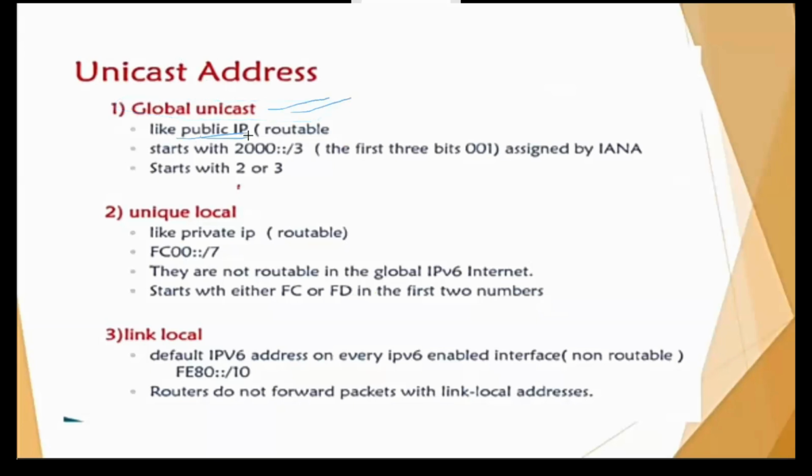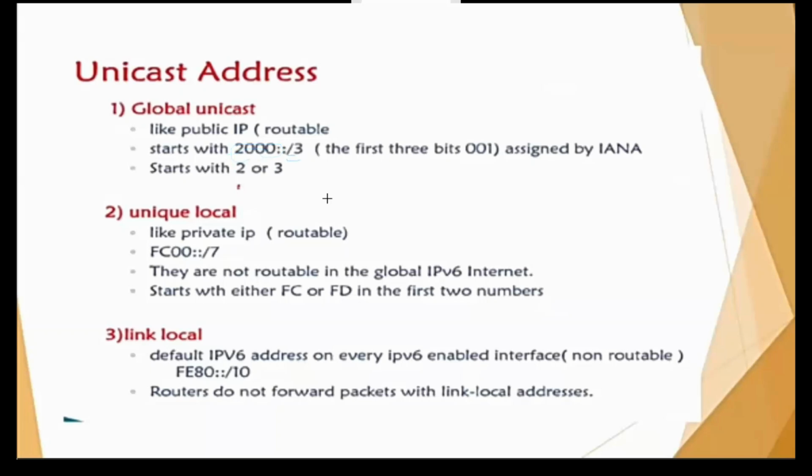In IPv4, we know it as public IP, but here it is called global unicast or internet. So that starts with this series 2000, then double colon slash 3.